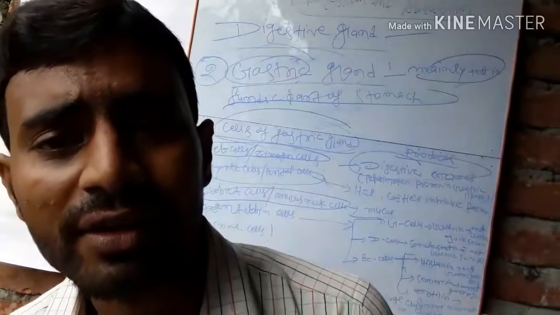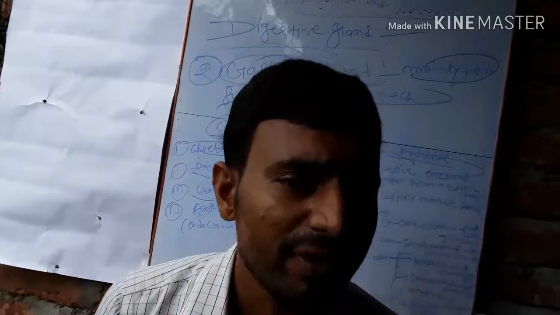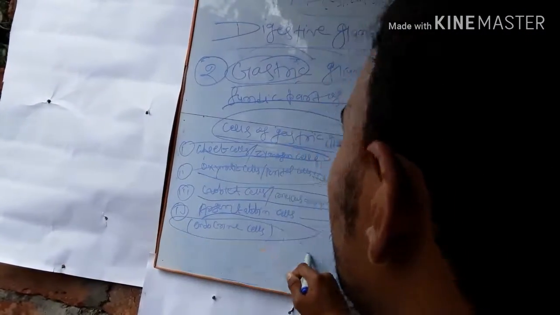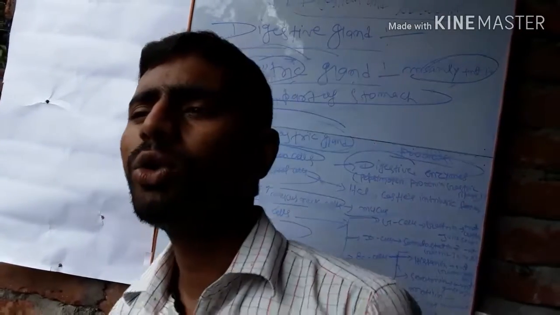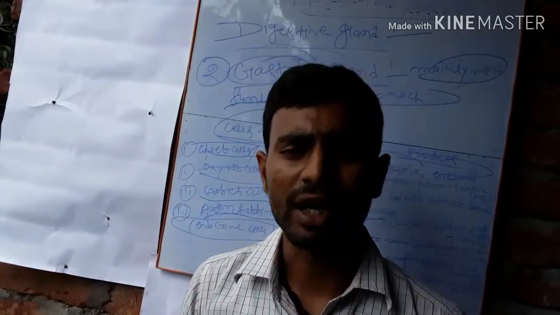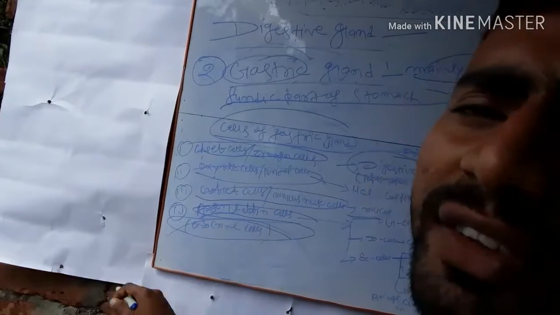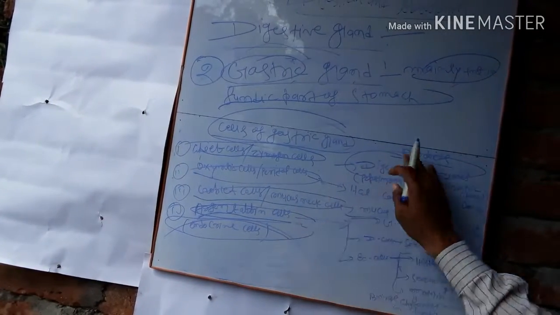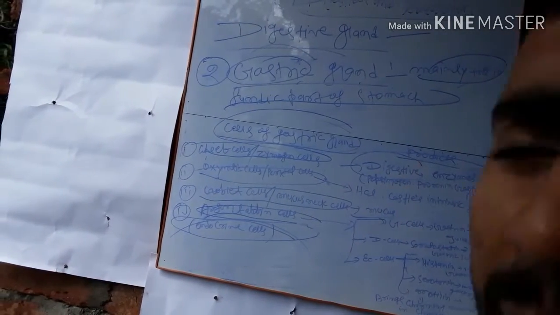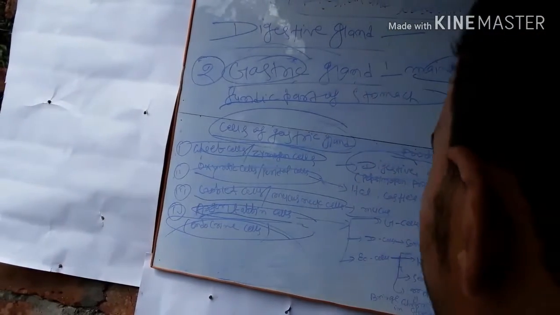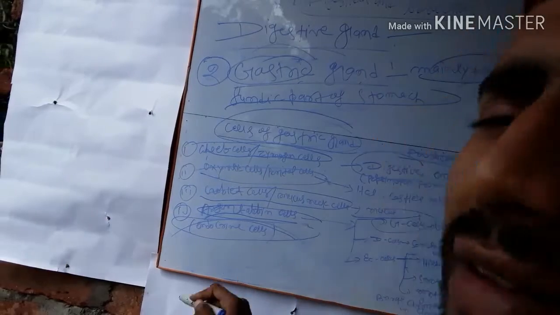Fourth are argentaffin cells, also called endocrine cells, and you know that the product of endocrine cells is hormones. Argentaffin cells are divided into three types: G cells, meaning gamma cells, D cells, meaning delta cells, and EC cells, meaning enterochromaffin cells.